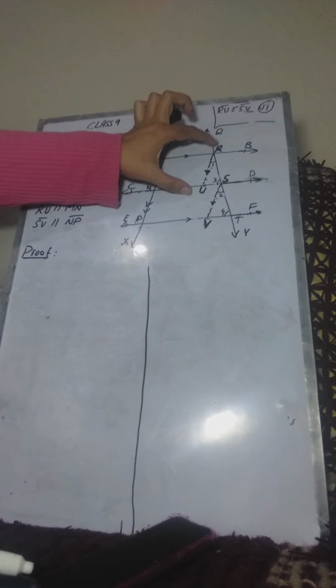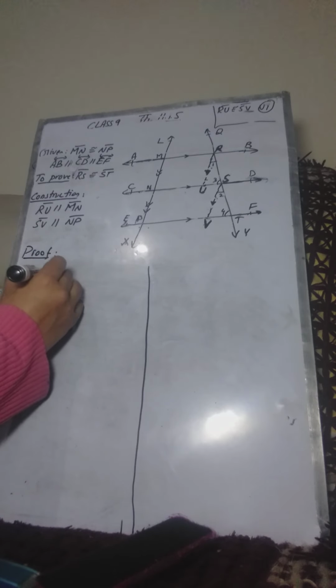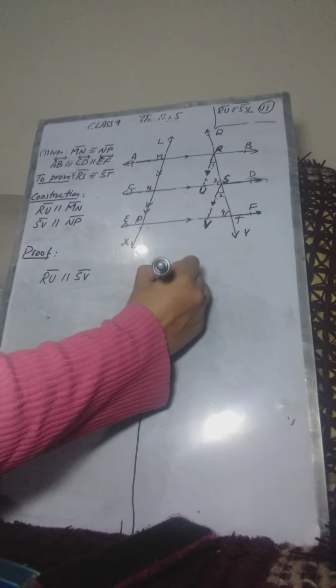Now if you look at the figure, RU and SV are two parallel lines because RU was parallel to LX, SV is also parallel to LX, so both of them will also be parallel to one another because they are parallel to the same transversal LX.